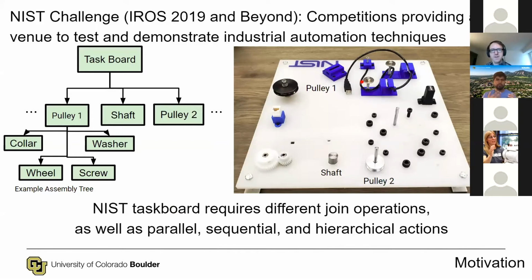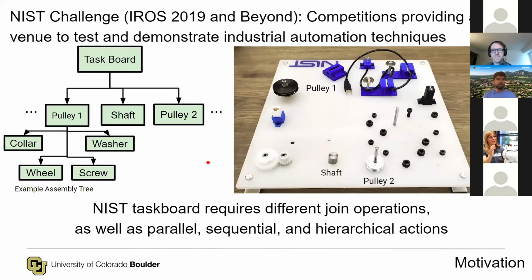The task board problems include parallel, sequential, and hierarchical relationships between these individual assembly actions. The type and ordering of these actions are a representation of these activities that are planned and performed by the industrial assembly system. Our current system is designed to accomplish these tasks.